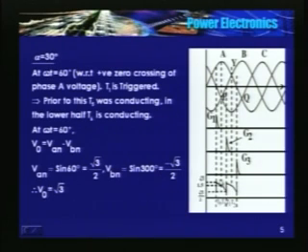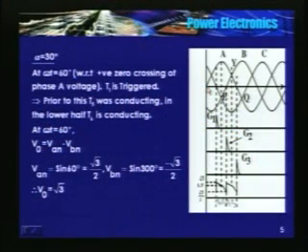Now what is the effect of increasing alpha on the power factor, or the instant at which the source starts supplying power? Phase A voltage is becoming positive here, there is a positive zero crossing. If alpha is equal to 0, it would have started supplying current from this instant.